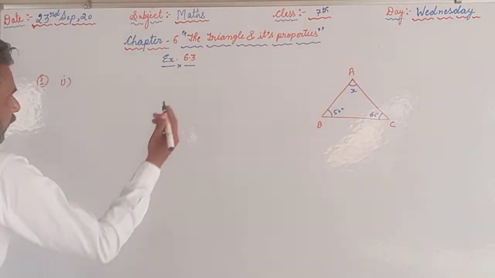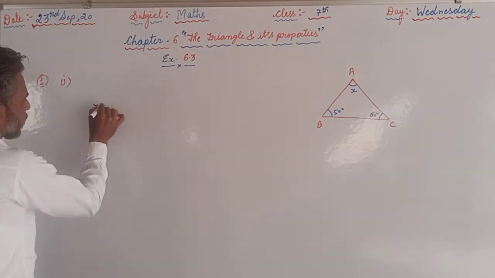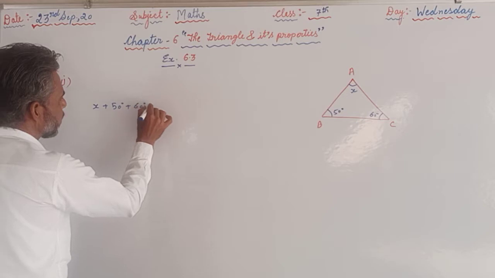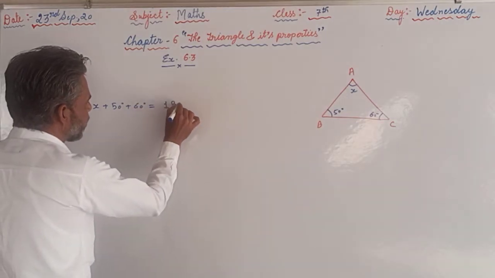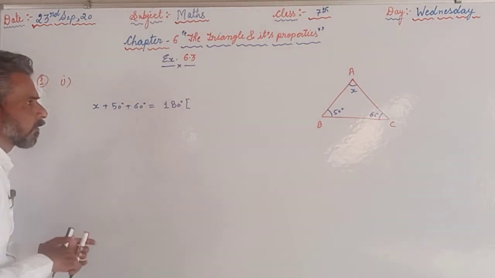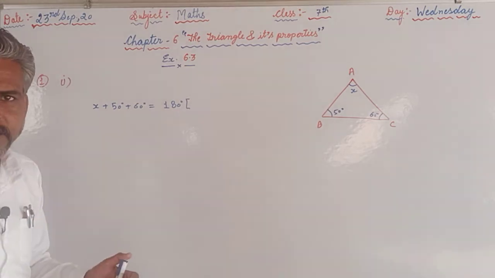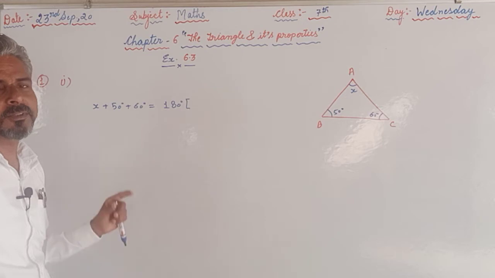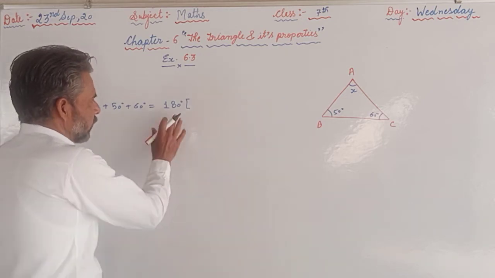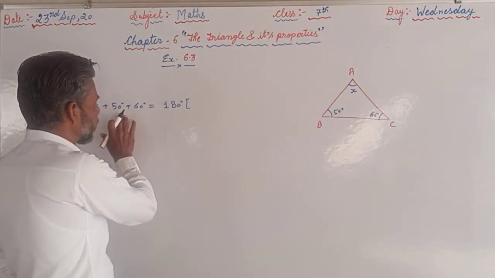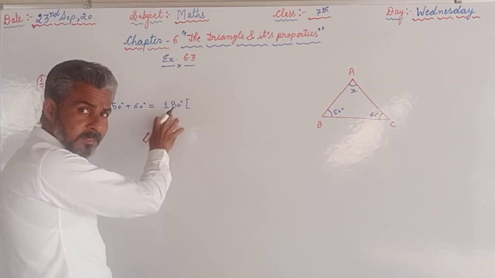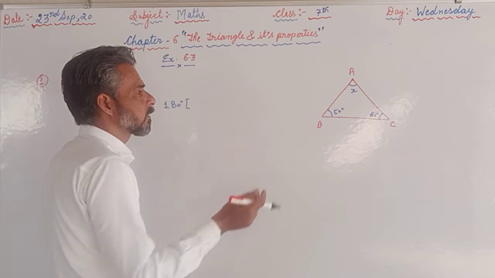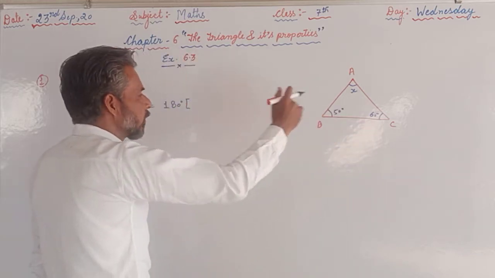So here we can write x plus 50 degree plus 60 degree is equal to 180 degree. Why? What is the reason behind that? I told you many times, whenever we write anything, we are supposed to supply the reason for that statement. Because according to the angle sum property of triangles, the sum of the angles of a triangle is 180 degree.